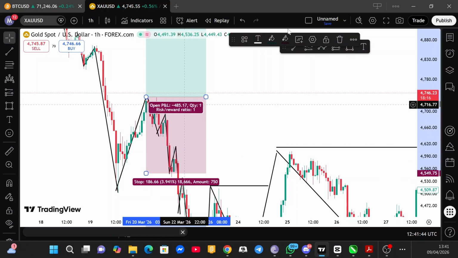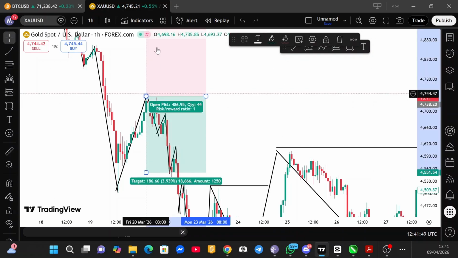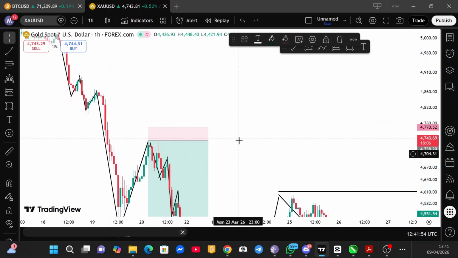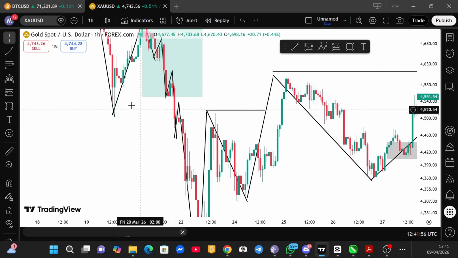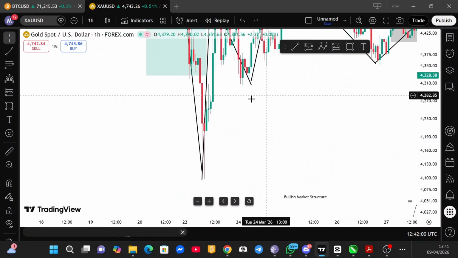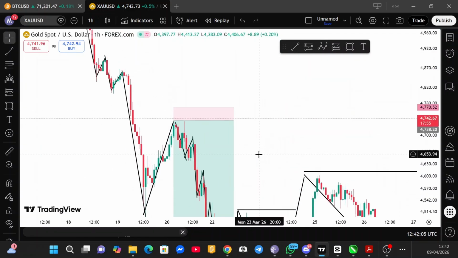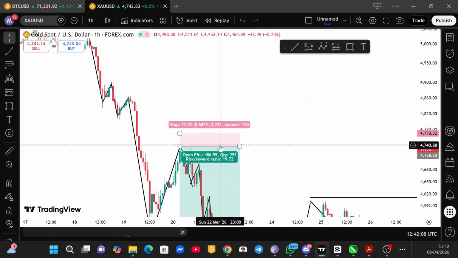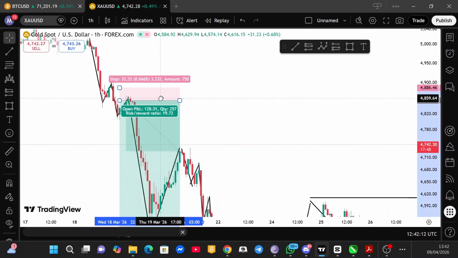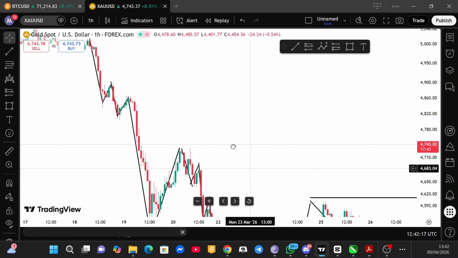You can decide to allow the market to create a new high, and then you begin to sell to the downside. You see that? So at this point you can decide to sell from this high, or from this high, or from this high. So that's a bearish market.